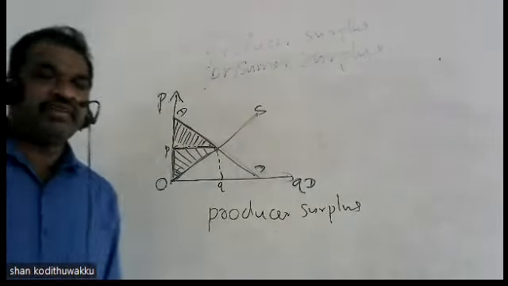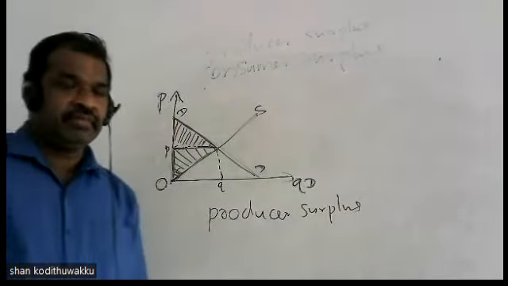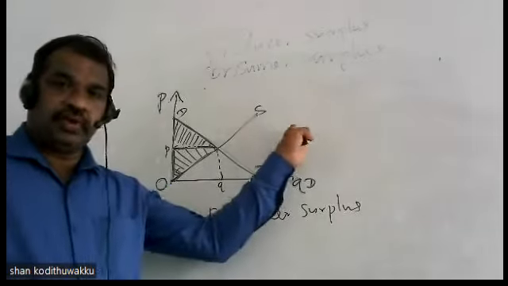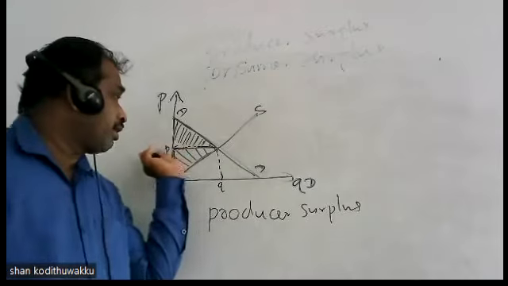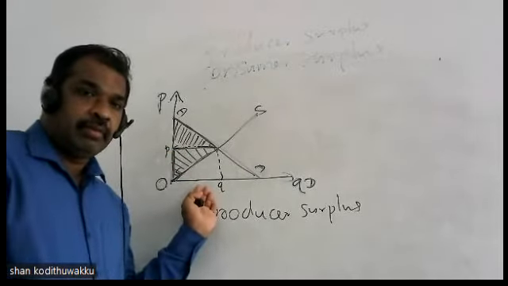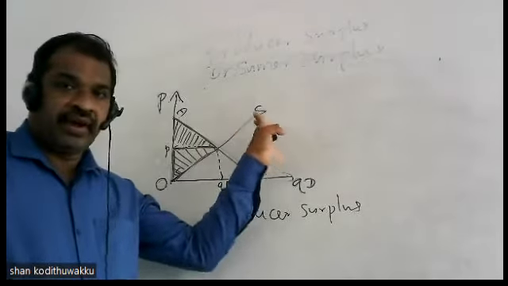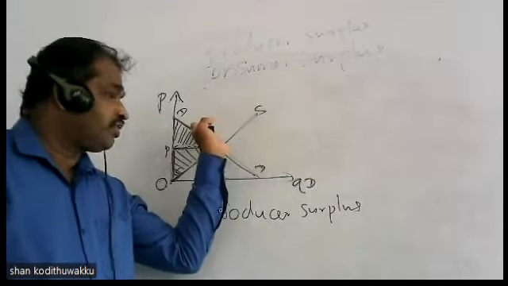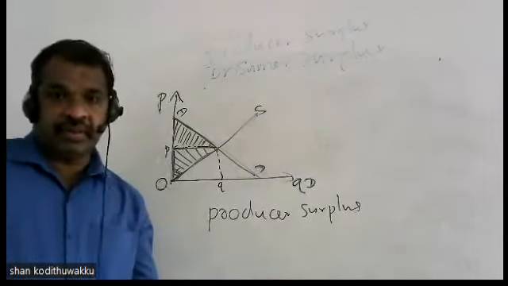At the examination, you will be given a demand function and supply function. Then you have to use those two functions and find market equilibrium price, market equilibrium quantity, and you have to try to find the answers for consumer surplus and producer surplus, depending on the given information.